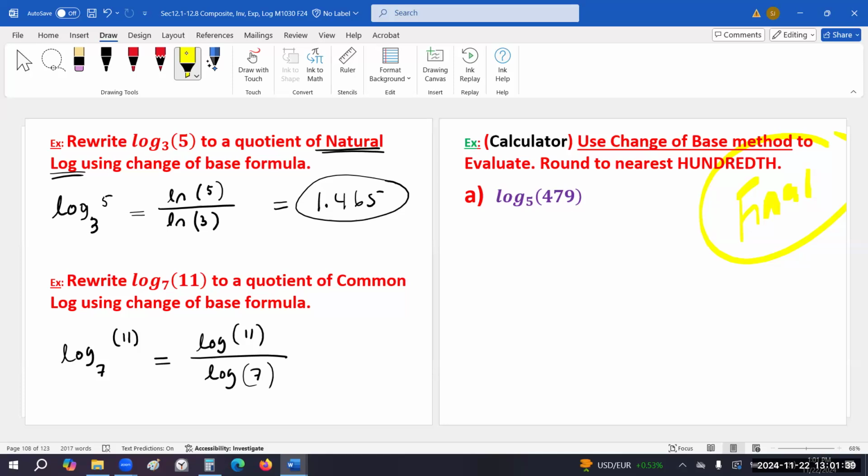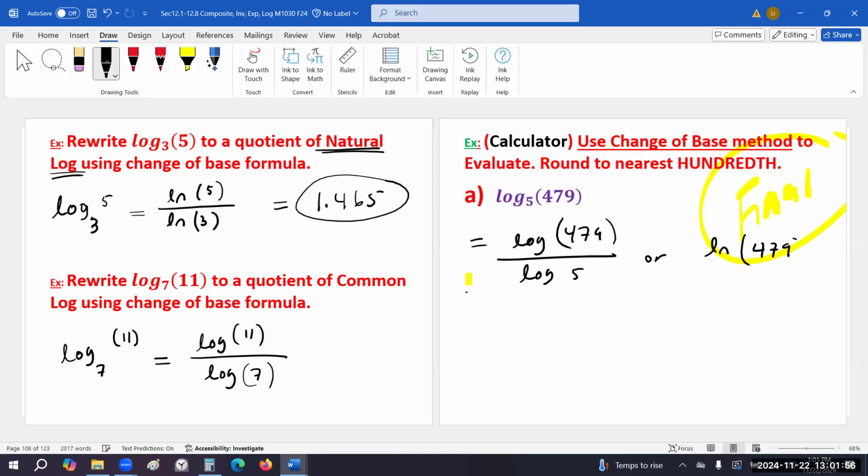So do you have the answer? What's the answer? It's log 479 over log 5. Or if you want, you can write ln 479 over ln 5. And the answer is 3.83. Did you round?